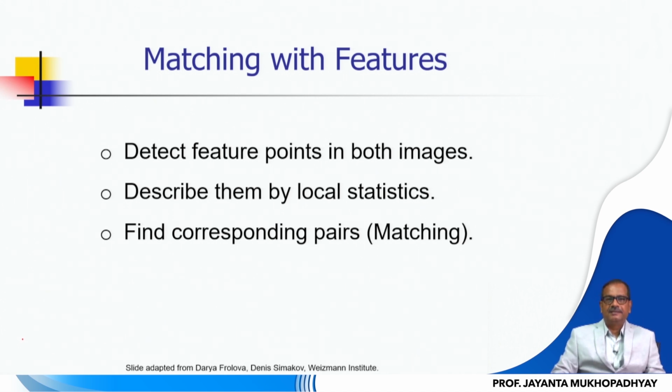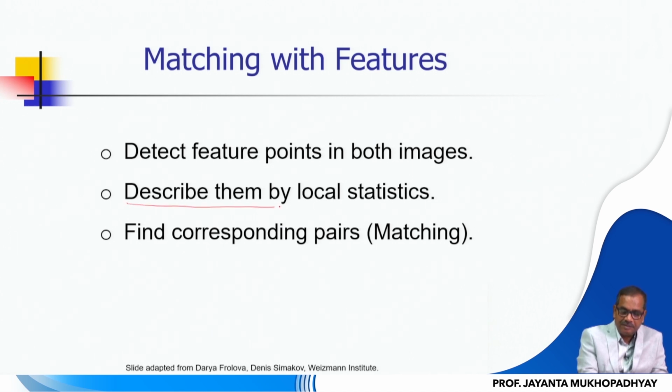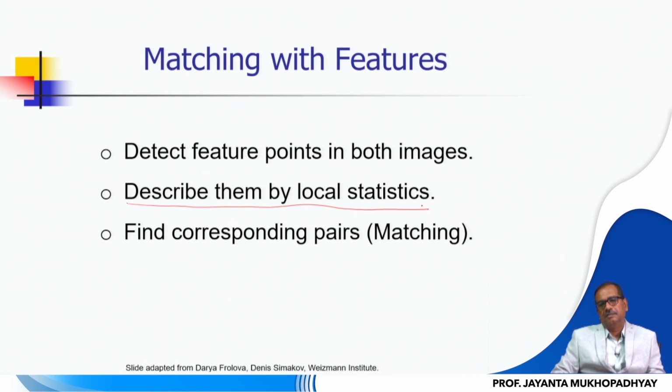So, just to summarize this matching task, you have to detect feature points in both images, then describe them by local statistics and find corresponding pairs. That is the matching task. Now what we will be discussing is how to get a description by exploiting the local statistics of the neighboring region around a point.